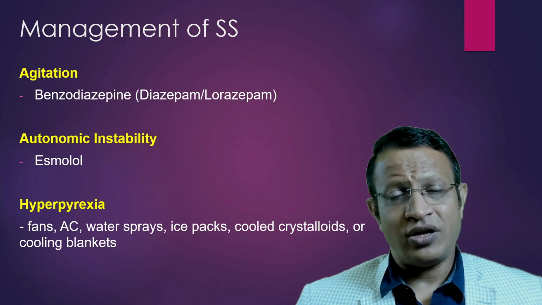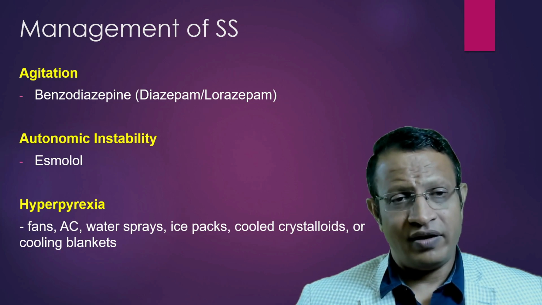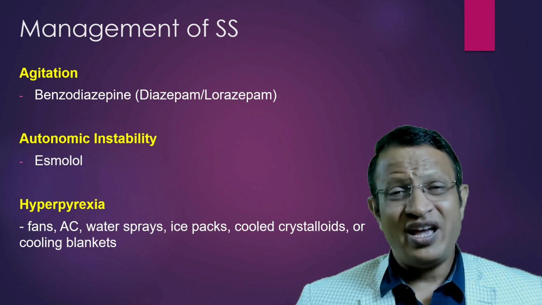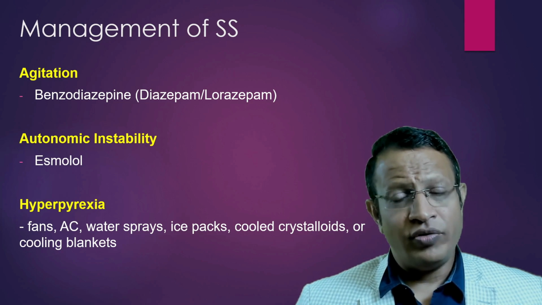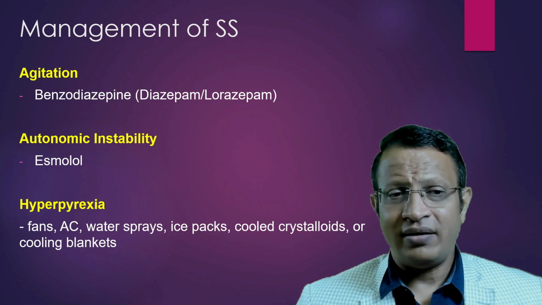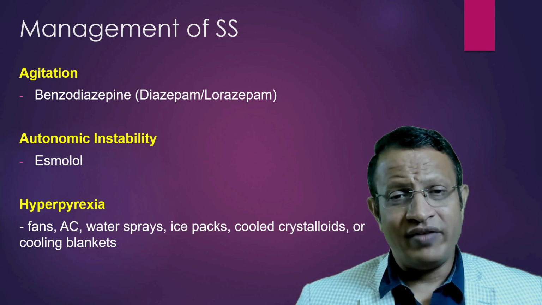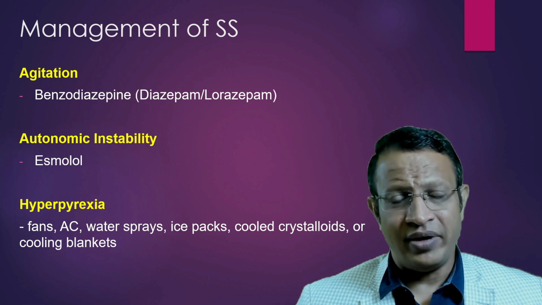Suppose the patient has autonomic instability, hypertension, esmolol can be considered. If the patient has hyperreflexia or hyperpyrexia, if the temperature is very high, you need to give water spray, ice packs, fan, AC, and also cooled crystalloids or cooling blankets need to be given so that hyperpyrexia can be reduced.